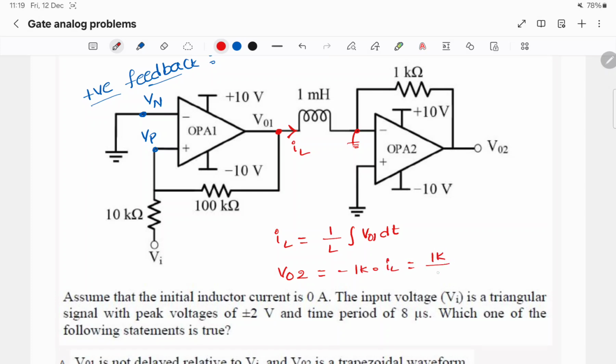This is 1k by 1 milli times of integral VO1 dt.